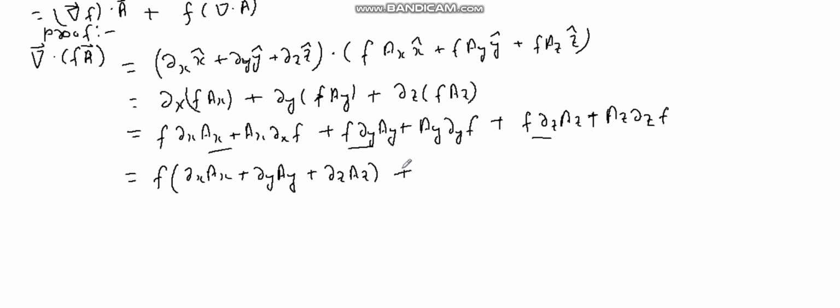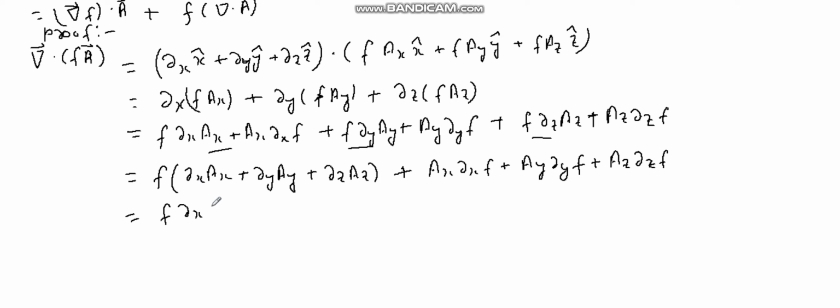And then we'll rearrange the terms with the coefficients ax, ay and az, right? So ax del x of f, ay del y of f, and then az del z of f.